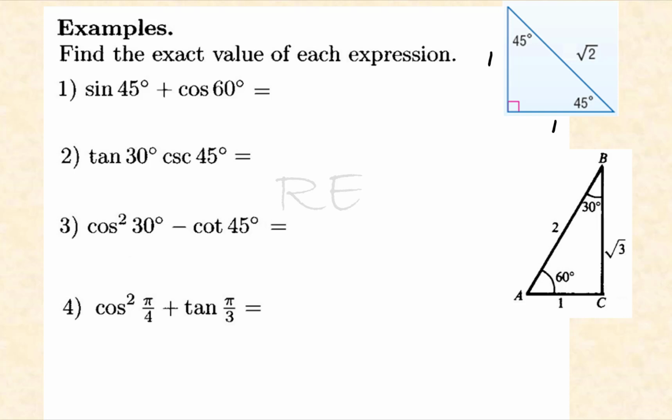Now, sine 45 will be square root of 2 over 2 plus cosine 60. Cosine 60 is 1/2. The answer is square root of 2 plus 1 over 2. This is the exact value.